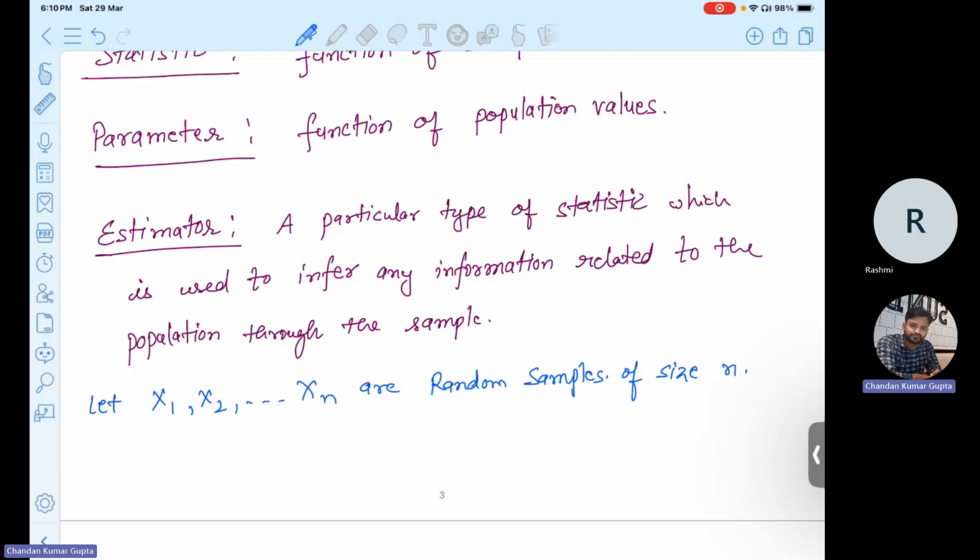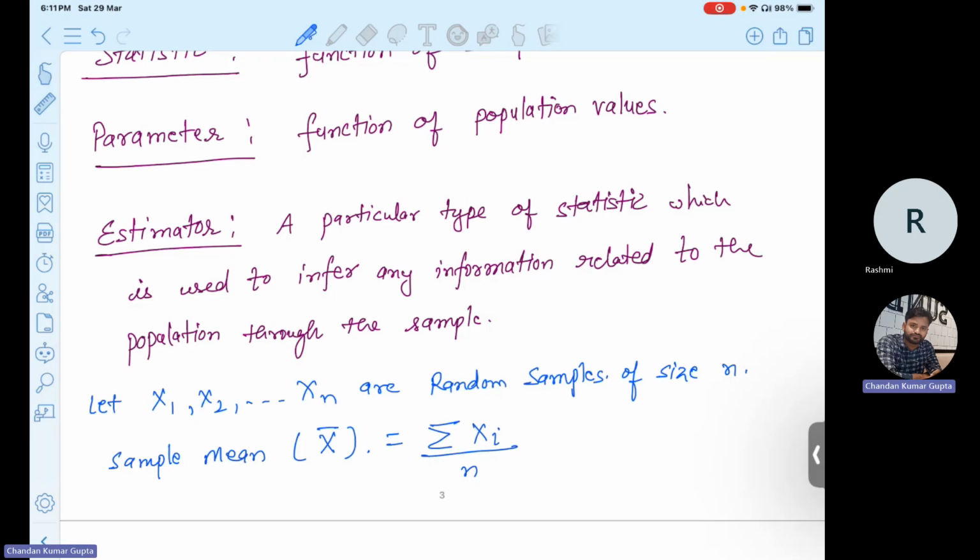The value of an estimator at a particular point is called an estimate. Like the sample mean, usually denoted by x bar, which is the summation over i from 1 to n of xi divided by the total number of samples n. So it is a function of the random samples x1, x2, and xn.